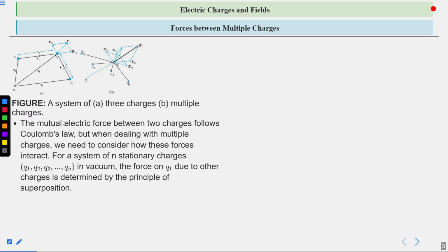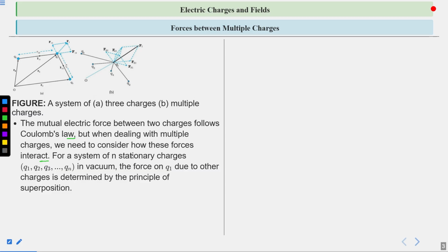The mutual electric force between two charges follows Coulomb's law. But when dealing with multiple charges, we need to consider how these forces interact. It means if we have more than two charges, we need to consider how these charges interact.